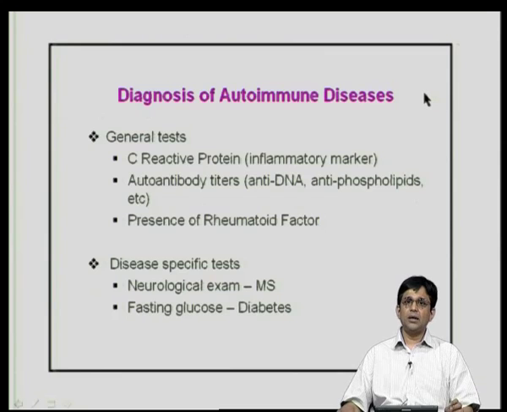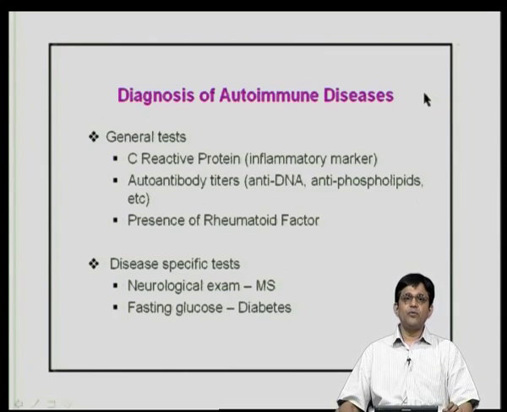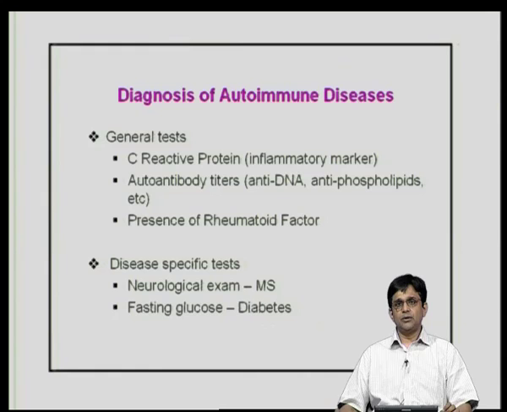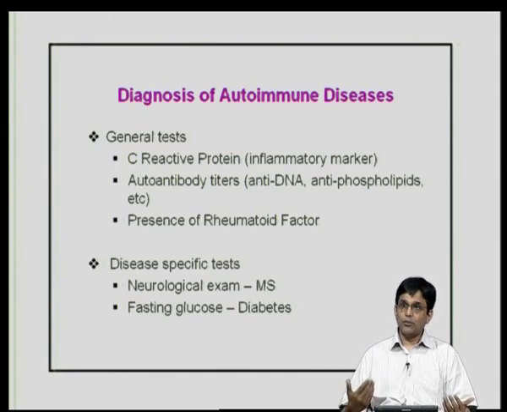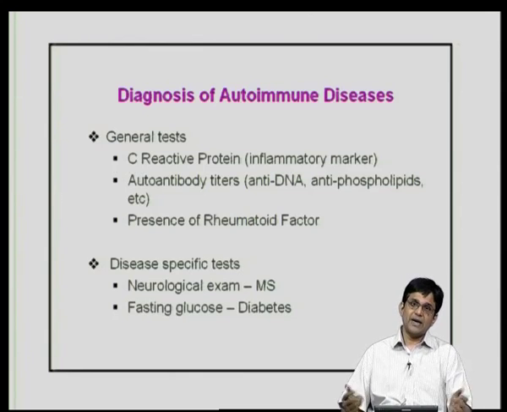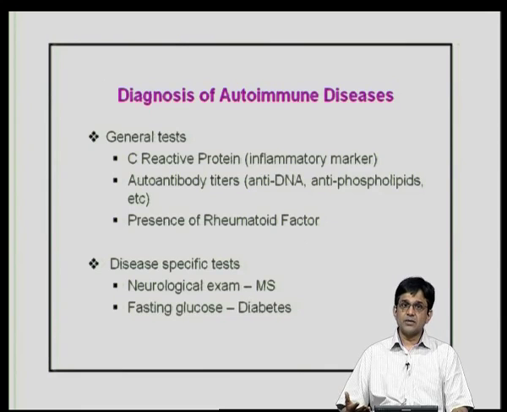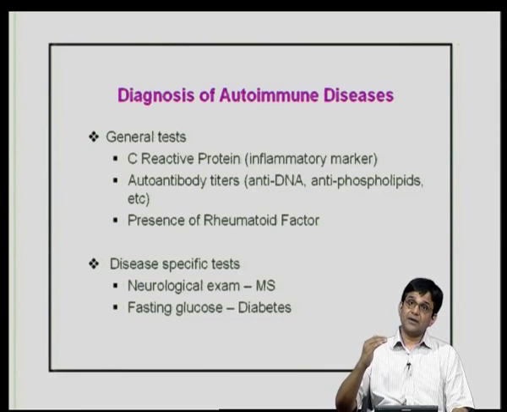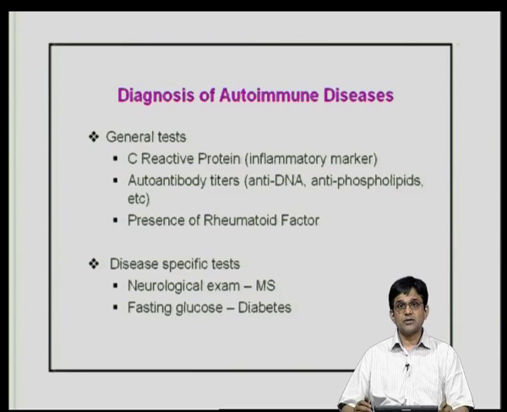Now, we mentioned the different ways by which you can diagnose autoimmune diseases. There are general tests. You can have C-reactive protein, which is an inflammatory marker. You have autoantibody titers, such as anti-DNA and nuclear antigens in case of SLE. The rheumatoid factor level also goes up, especially in rheumatoid arthritis.